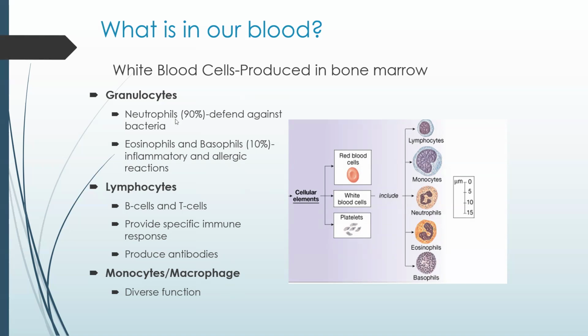Granulocytes are 90% neutrophils, and they defend against foreign stuff that's not supposed to be there, bacteria. Eosinophils and basophils make up the last 10% of the granulocytes, and they have a role in the inflammatory response and allergic reactions. And then the monocytes and macrophages, they have diverse function.